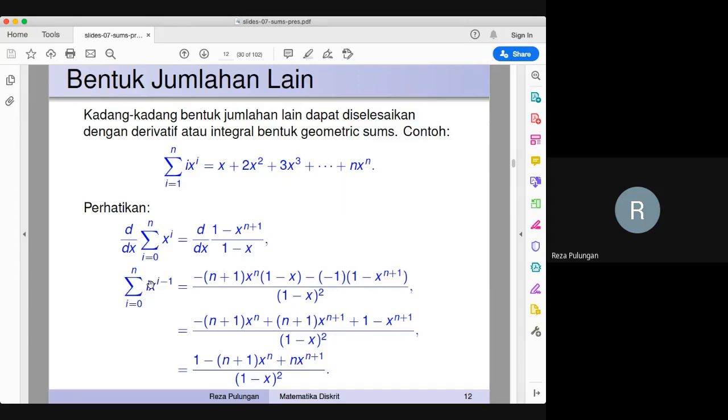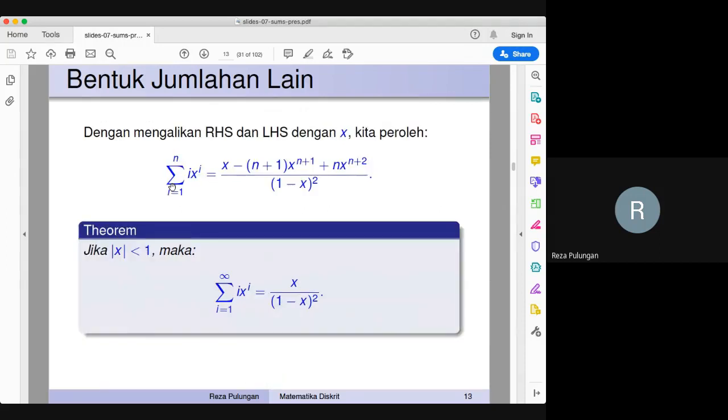So there is no element when i is equal to 0, because the whole thing becomes 0. Here also, when you start from i equal to 0, this thing becomes 0. So it doesn't really matter whether you start from i equal to 0 or i equal to 1. There is no difference. So this is the result.